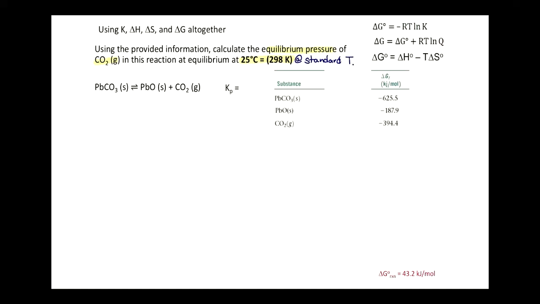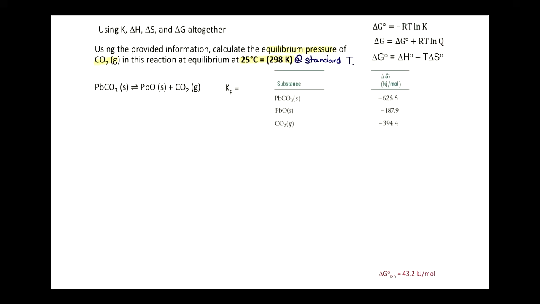Standard conditions include 298 Kelvin. So that means we can just use the standard thermodynamic values given in the textbook, because those are measured at standard conditions.